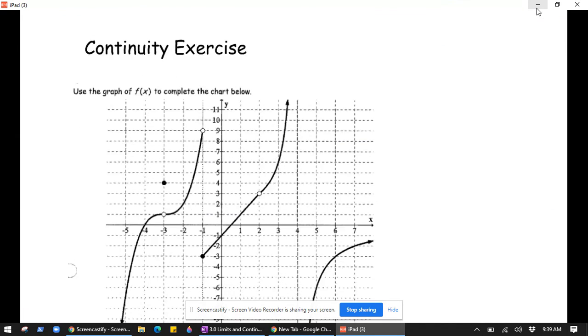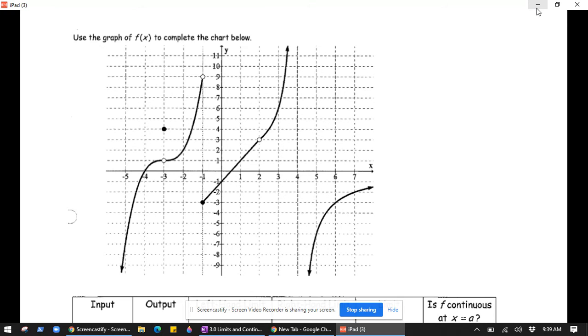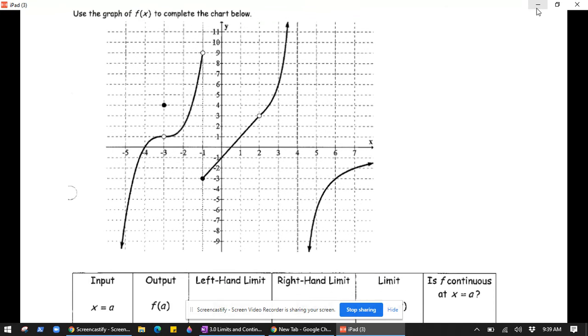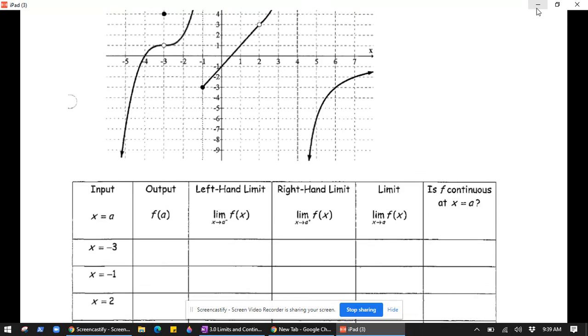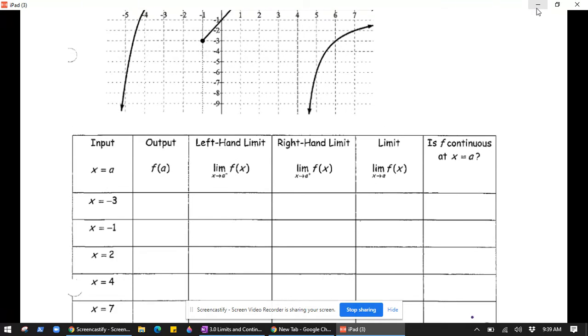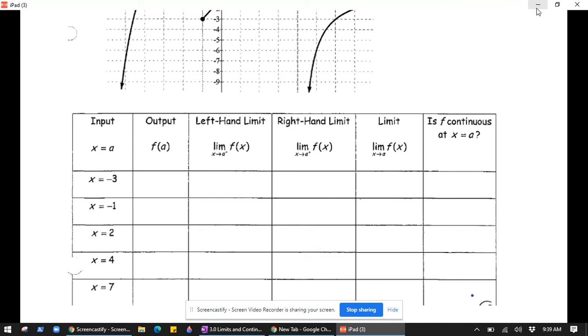As another exercise, let's take a look at this graph and indicate from this chart basically how functions can be discontinuous at points.